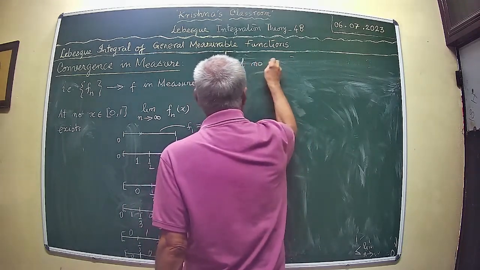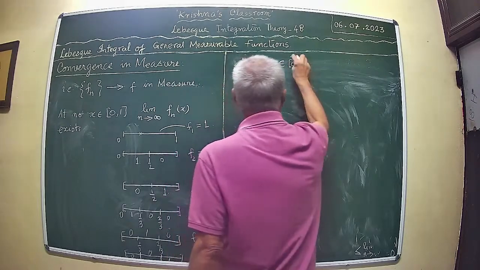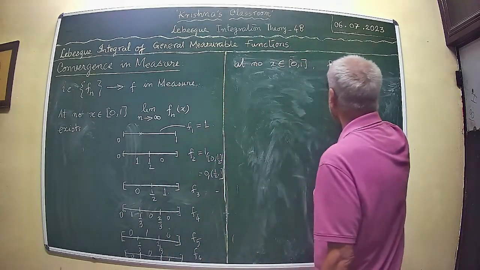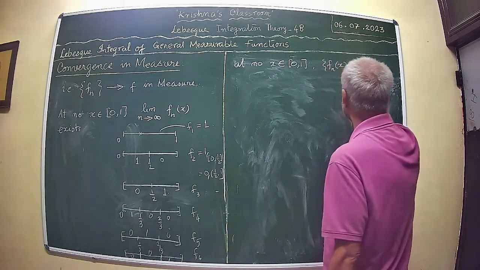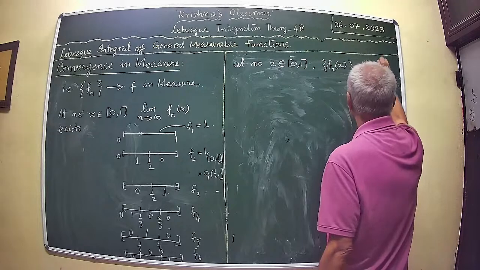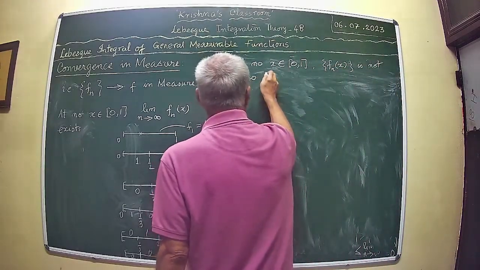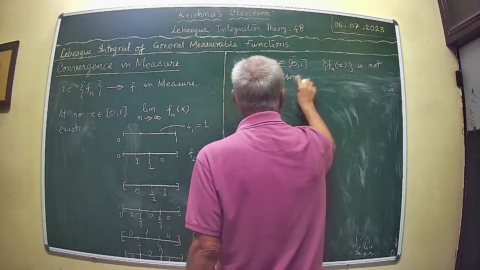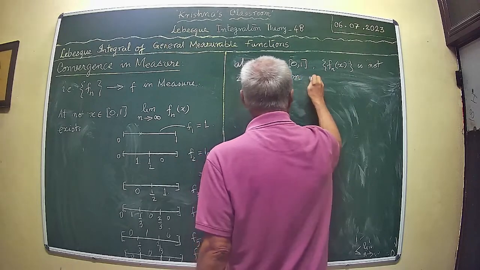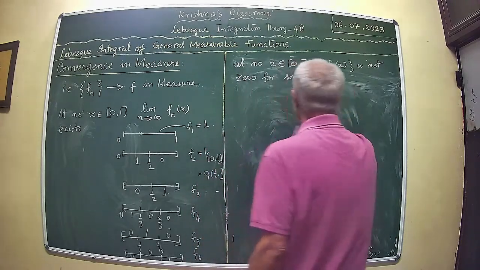So, at no x belonging to E is Fn(x) equal to 0 for all n greater than some particular n.